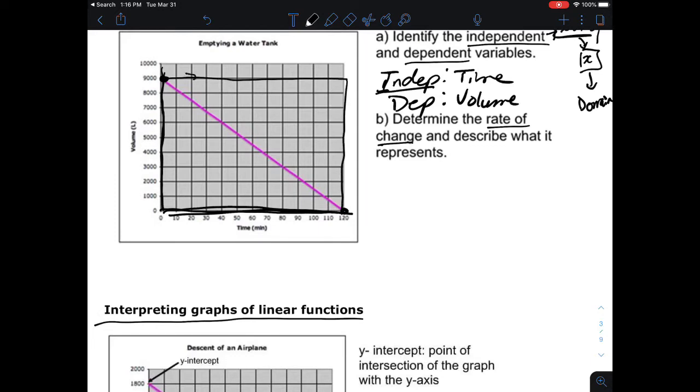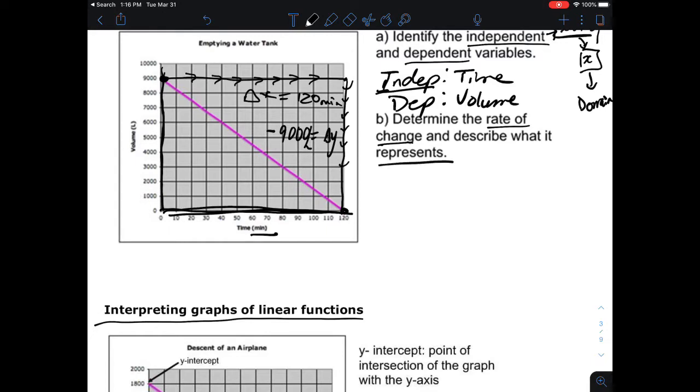And you can see that my change in x, the horizontal change, is 120 minutes. And now you can see from here I'm going downward. So my change in y is actually negative because I went down, and I went down 9,000 liters, and it's actually negative.